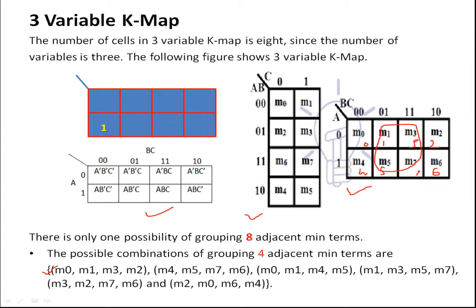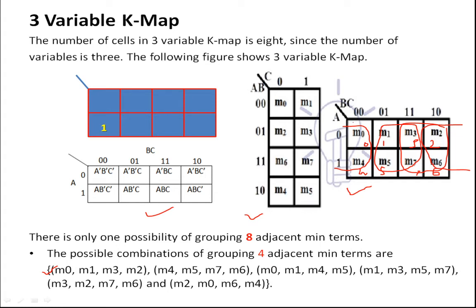Then m3, m2, m7, and m6. One more grouping is m2, m6, m0, and m4.